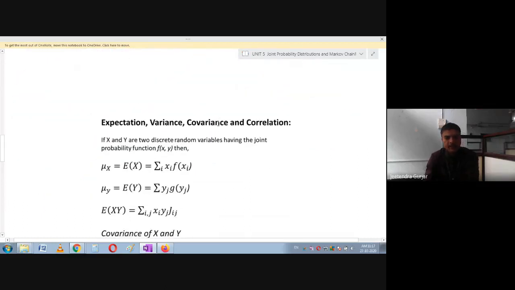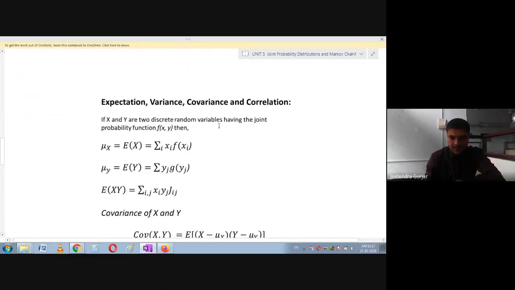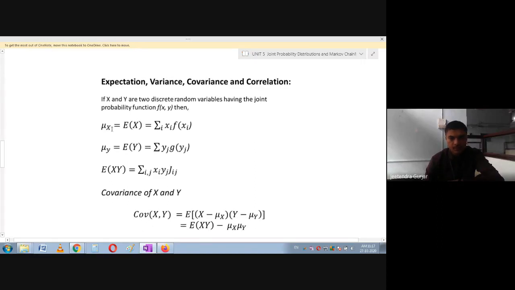So we have already seen, once again I'll just repeat, what is expectation, variance, covariance and correlation. If x and y are two discrete random variables having the joint probability function f of xy, then mu x, that is the mean expectation of x, is equal to the sum of xi f of xi. Similarly for y.